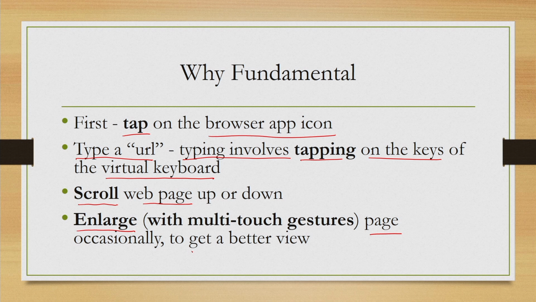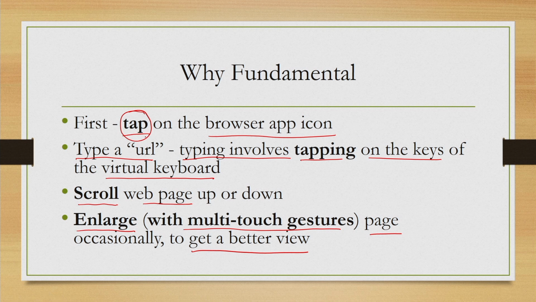So, essentially what this sequence tells us is that this entire web browsing activity can be represented as a sequence of fundamental touch activities, namely tap. We have already discussed that the first step is tapping on the browser icon.